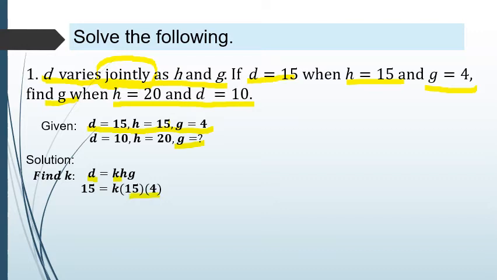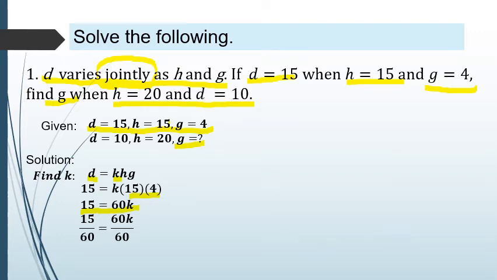I-multiply natin ang 15 at 4. Ang sagot ay 60. So, ang equation natin ngayon ay 15 equals 60K. Para mawala ang 60 sa katabi ng K, or para ma-solve natin ang K, i-divide both sides by 60. Magkakaroon tayo ng 15 over 60 equals 60K over 60.